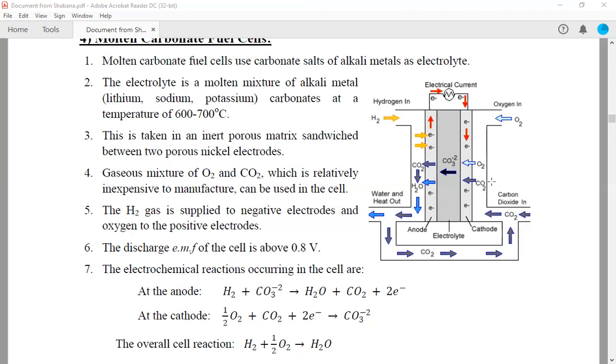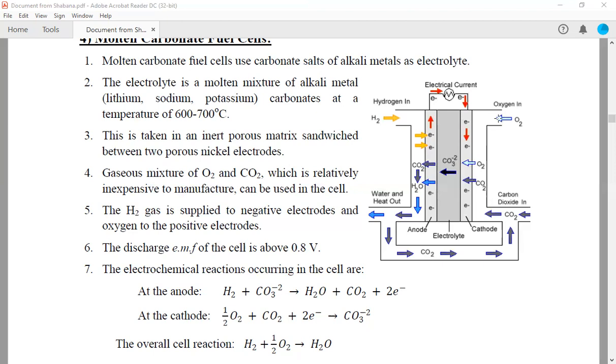Whereas the reaction taking place at the cathode is that the electrons coming from the anode are made to react with the oxygen gas. Here there is an oxygen gas inlet.